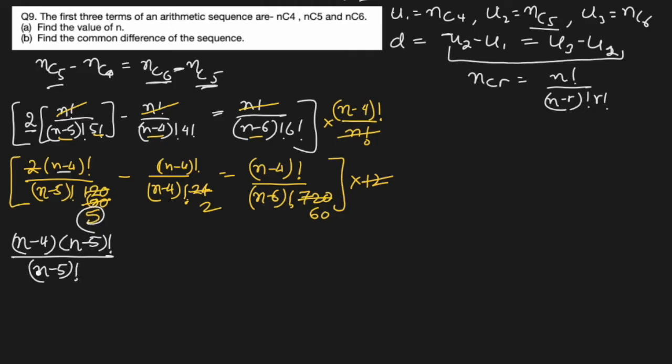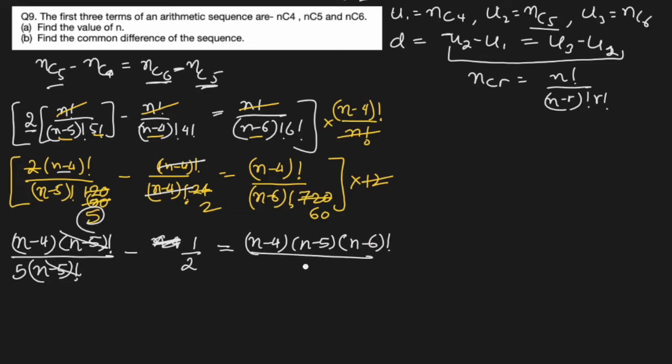So we have 2 over 5, minus 1 over 2, equal to n minus 4, n minus 5, n minus 6 factorial over 60. Now you might be understanding why we chose n minus 4, because it can be expanded to the others.